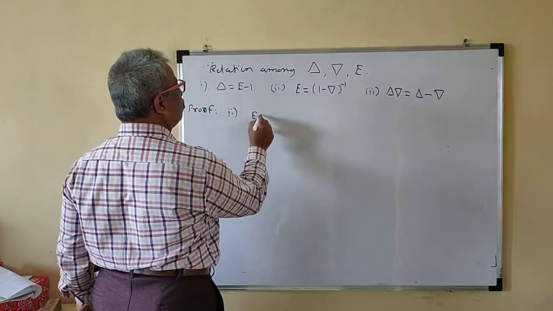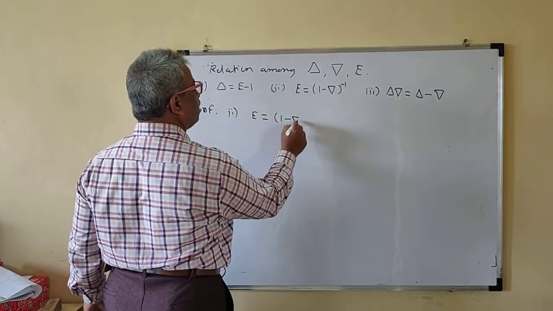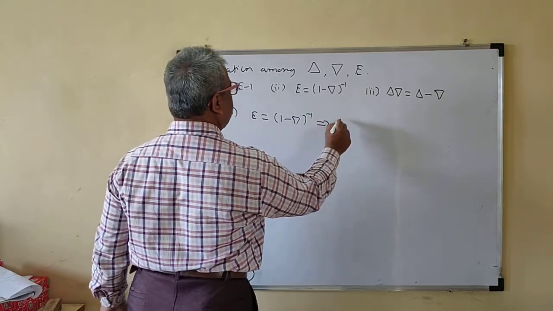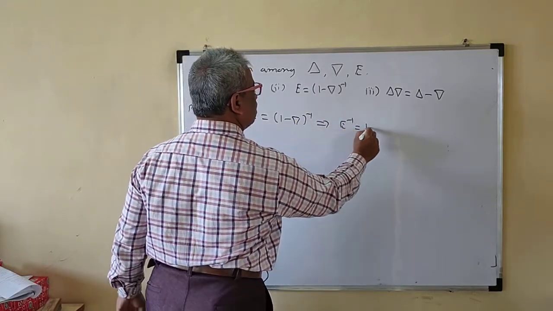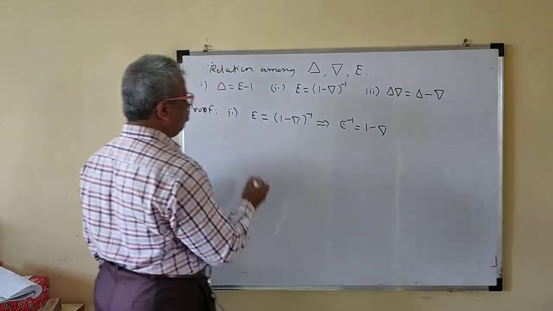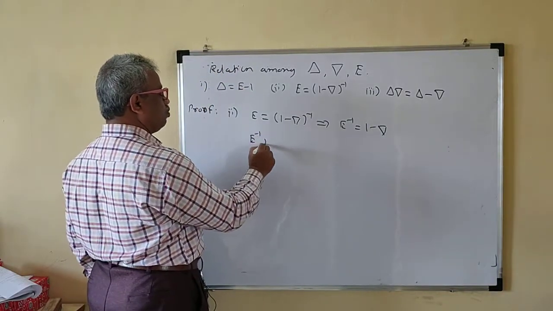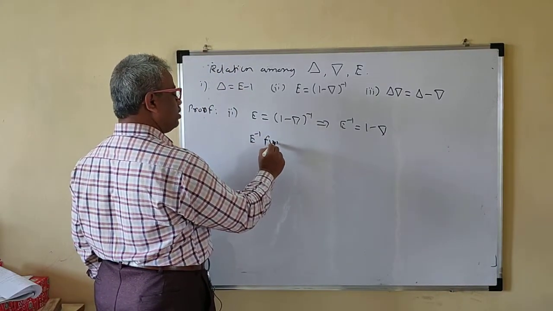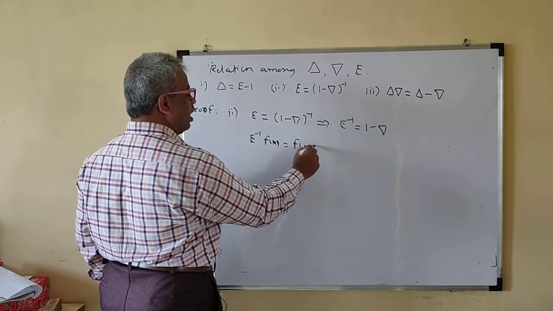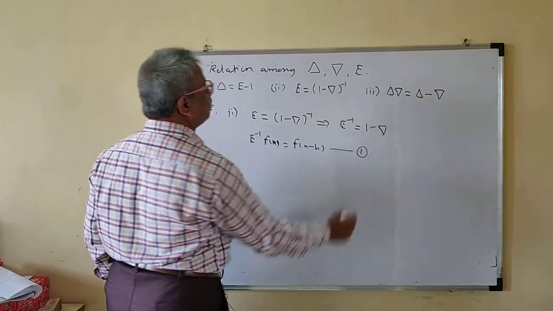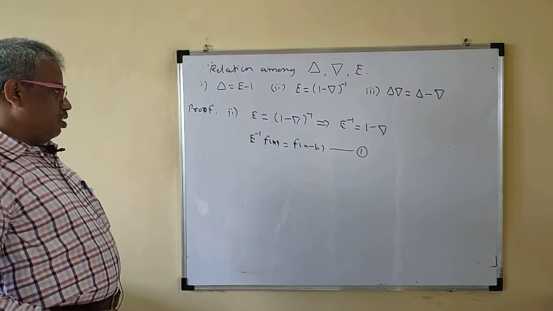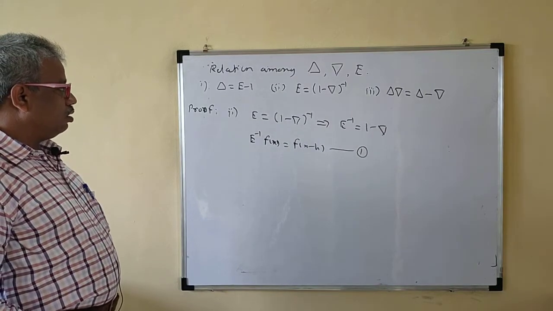So E is equal to 1 minus delta raised to minus 1 implies that E raised to minus 1 is equal to 1 minus delta. That we will prove now. So E raised to minus 1 f of x is equal to f of x minus h. We call this 1.